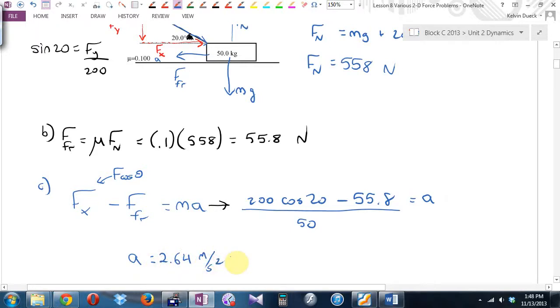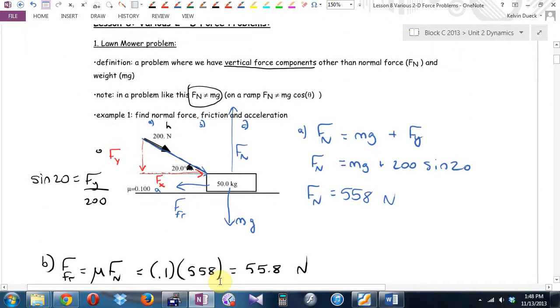So for the lawnmower question, Callum, there's two possible scenarios. I'm either pushing down at an angle, which makes the normal force bigger, or I'm lifting up at an angle, which makes the normal force smaller. In fact, the question will be identical, except I think you'll find that the normal force equals gravity minus Fy.